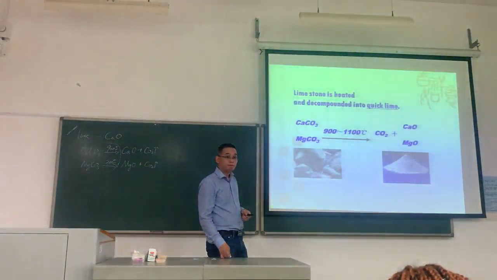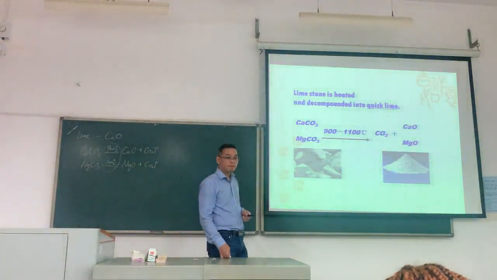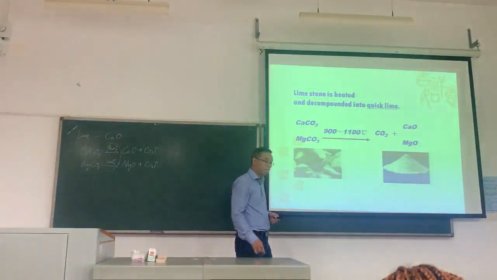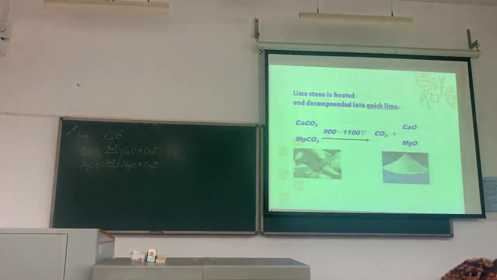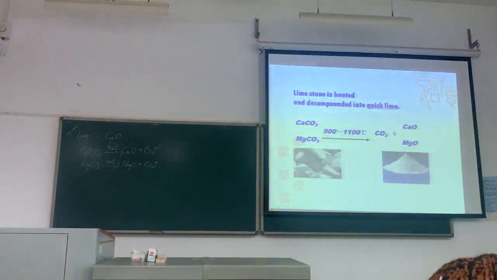If it is the calcium carbonate being heated, why, when it is magnesium carbonate, is it lower than 900? You said the best heating temperature is from 900 to 1000, minimum is 900.